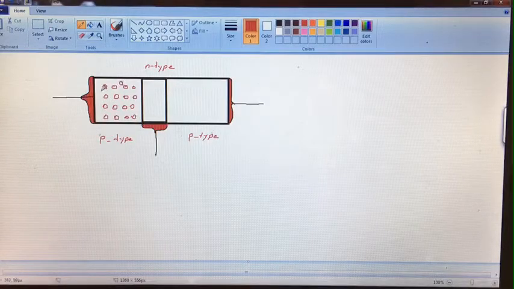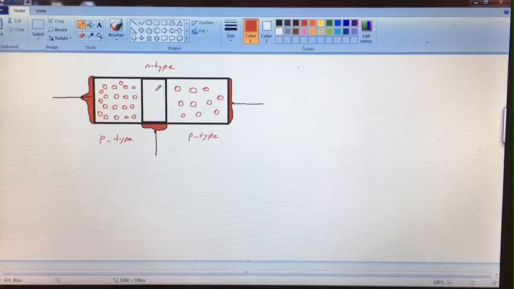Density of holes or charge carrier in this region is higher than the density of charge carrier in collector region. Always remember that. Charge carrier inside emitter is higher than the charge carrier inside collector.